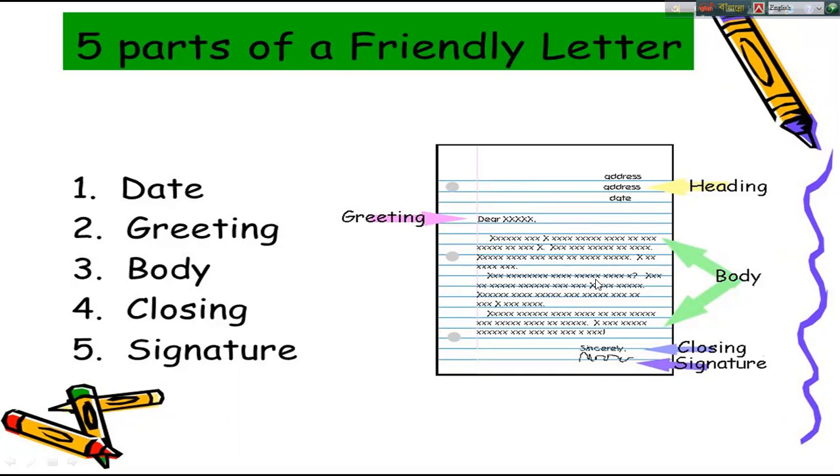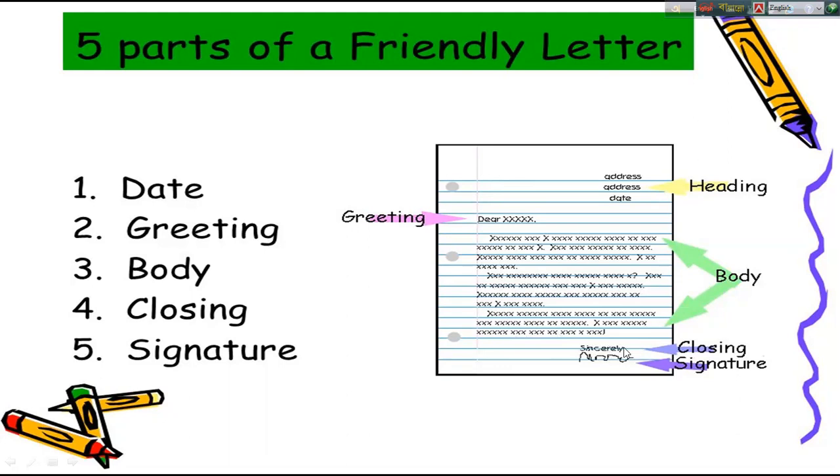Then what is required from you? For example, our today's letter's topic is Bangladesh and its culture. So in this body part, you will write that. You can write it in different paras, or you can write it in one para. So that is called body, the body of the letter. Here you will describe what is required from you. Then in the last part here, you will close your letter. That is called closing.